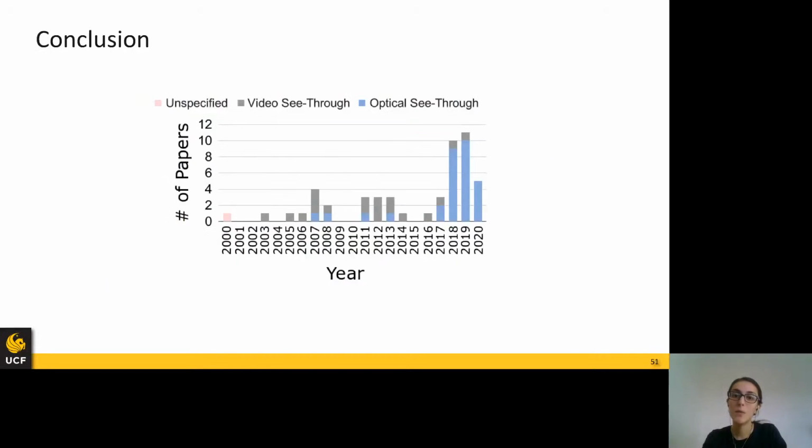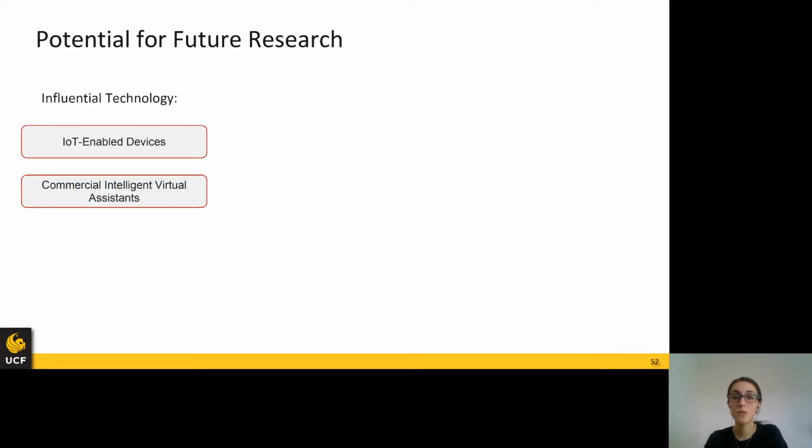To conclude, we think, as you can see in this figure, that as both video see-through and optical see-through technology enhances, we are going to see more research looking at the embodiment of agents and their influences in general. And to summarize some of the future research directions, we think that other technologies such as IoT-enabled devices and commercial intelligent virtual assistants are going to influence the direction of research for embodied AR agents.